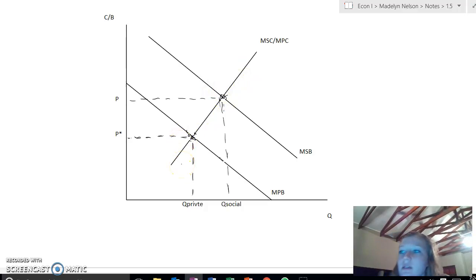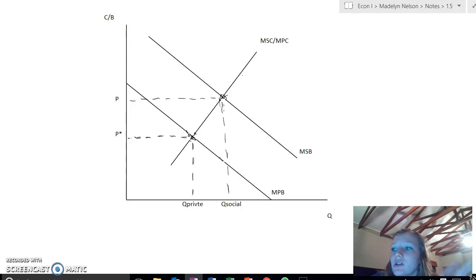So as market failure occurs, there is inefficient allocation of resources in a free market. So as MSB is not equal to the MSC curve, MSB will lie above the marginal private benefit curve, and the difference between the two is the external benefits to society.